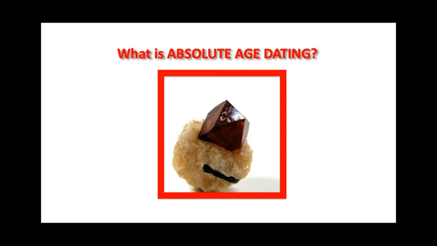Now, most of the crystals that you'll see with zircons like this are not that big, and you can find them either in volcanic rocks, usually in felsic igneous rocks, or in granites, and in volcanic ashes, or things like rhyolite.